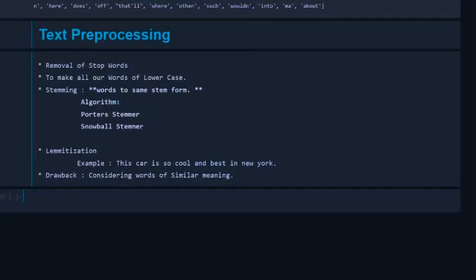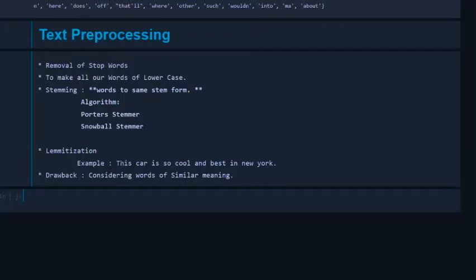Okay, and the other thing is lemmatization. Lemmatization is basically an algorithm designed to see whether words should be considered or not during text pre-processing.